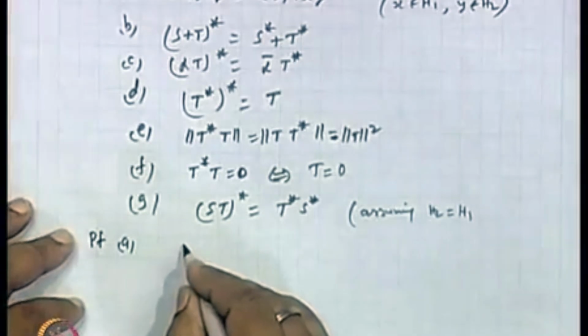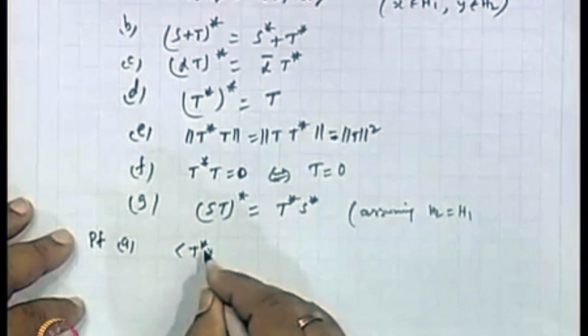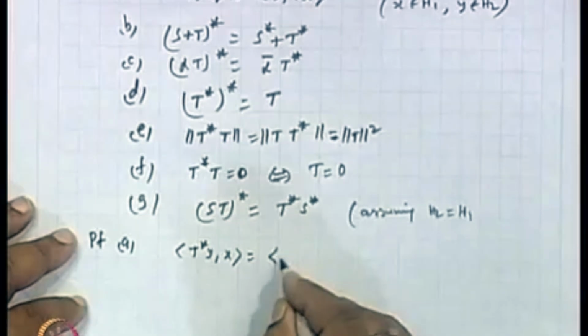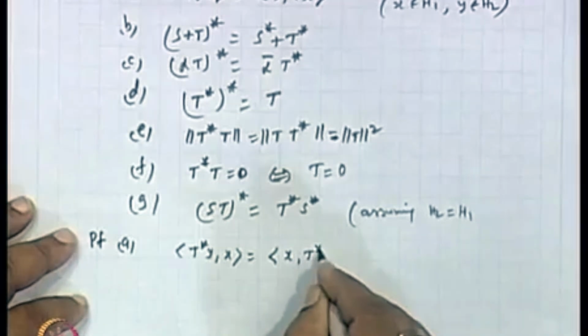So for the proof, let us see the first property. We take the inner product of T star y comma x. We want this thing, so we can write this as the conjugate of x comma T star y. When we take the conjugate, the order reverses, is it not?